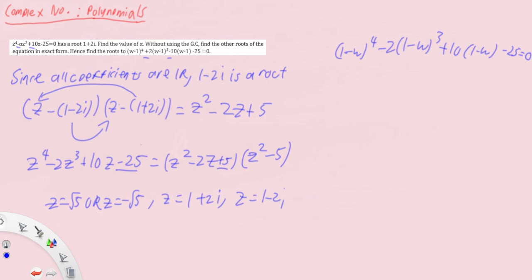So we simply substitute 1 minus w for z, and we get 1 minus w equals plus minus root 5, or 1 minus w equals 1 plus minus 2i. Now we just need to solve for w. Very simple. w equals 1 plus minus root 5, or w equals plus minus 2i. And these are the roots to the new quartic equation.